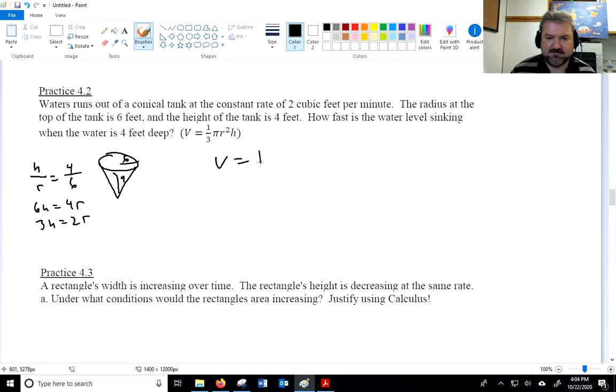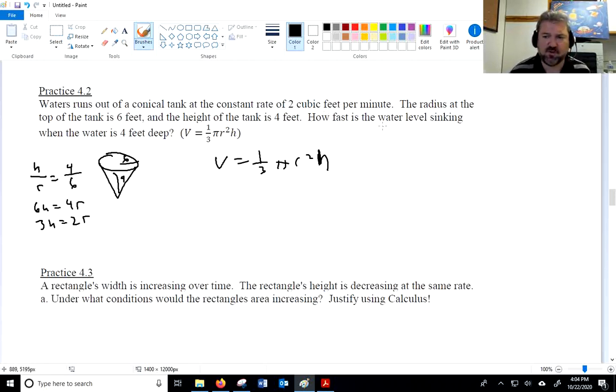So we're looking at volume. We need to figure out, can we replace r with h or h with r? With the cone problem, you can, though not with every related rates problem. Sometimes you have to do a product rule and handle it, but I think we can.